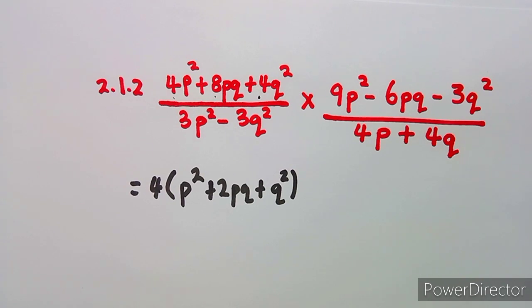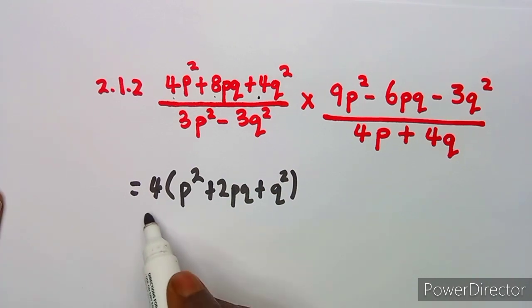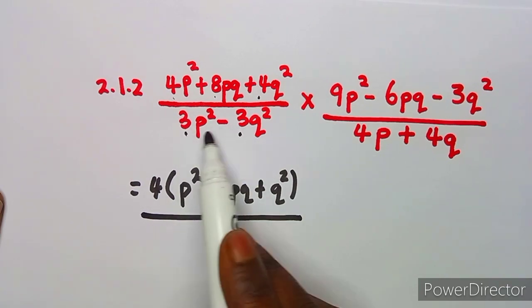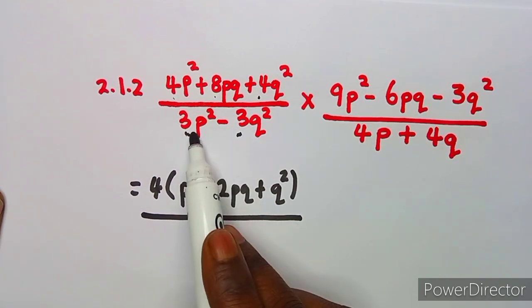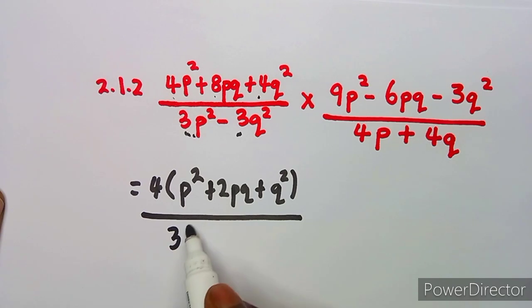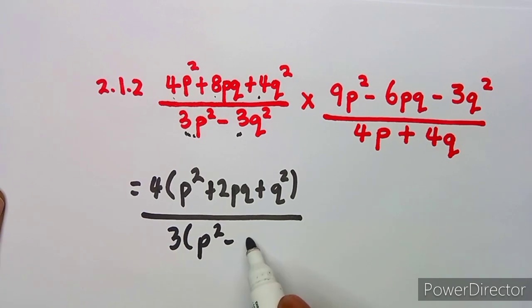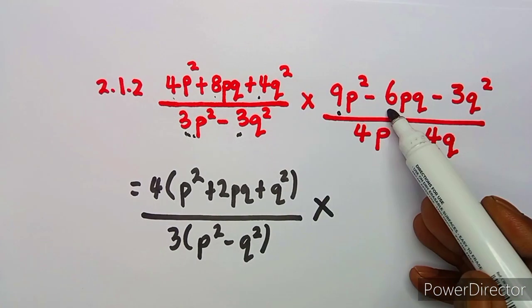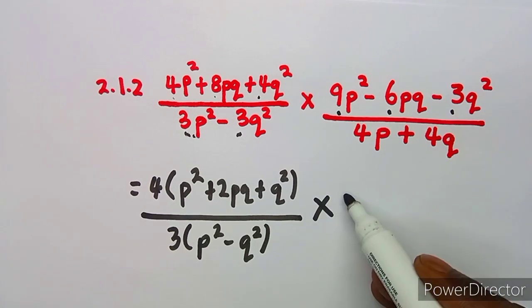We are not adding or subtracting, where we have to keep the denominators and so forth. Here we can factorize step by step, so that we see what's going to happen. So let's just do it stage by stage. Here also 3 was common. If you cross-check here, 3 is common, so you can factor out 3, which is p squared minus q squared, times we have got 9, 6, and 3. 3 is also common there.